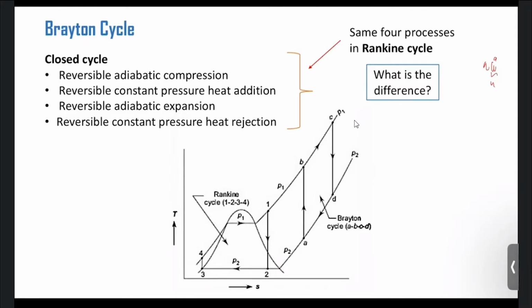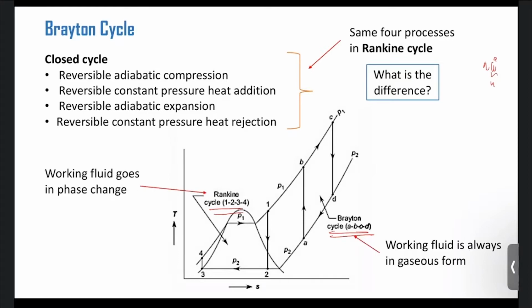As you remember, this diagram is a temperature versus entropy diagram. Here you see points 1, 2, 3 and 4. This is a typical Rankine cycle, and adding a Brayton cycle to this diagram, A, B, C and D is the Brayton cycle. In the Rankine cycle the working fluid goes through a phase change.